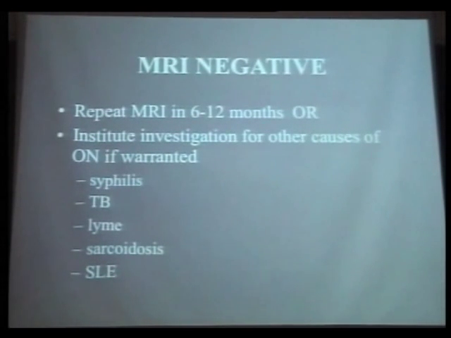If the MRI is negative, and I have any suspicion that the optic neuritis is not typical, if they don't have pain on eye movement, if they have a lot of hemorrhages with a swollen optic disc, then and only then do I do investigations for other abnormalities. And I suspect that the other neuro-ophthalmologists here might have a different way of approaching this.